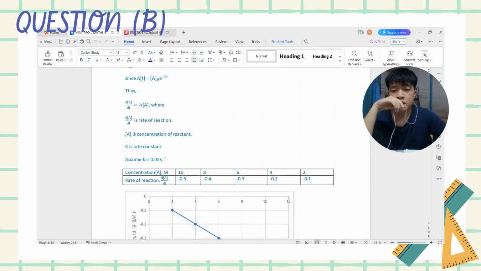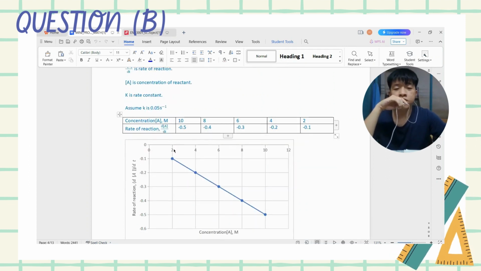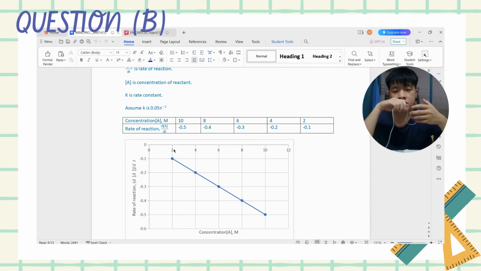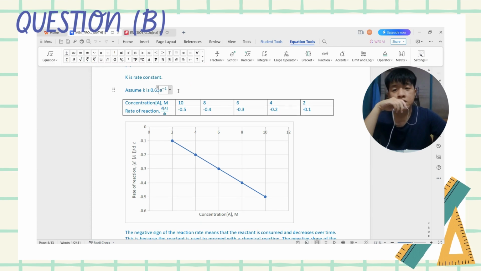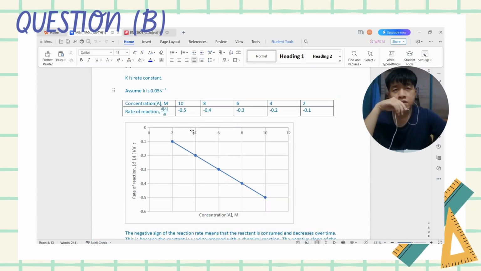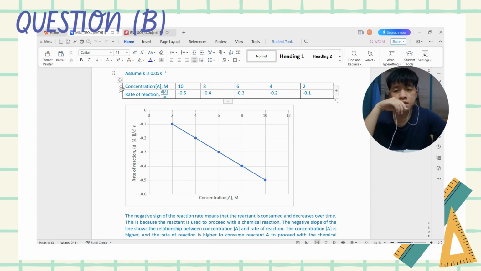A is the concentration of reactant, and K is the rate constant. In order to find the shape of the graph, we assume that K is 0.05 per second, because this is a first order reaction. So here is the table that we found.